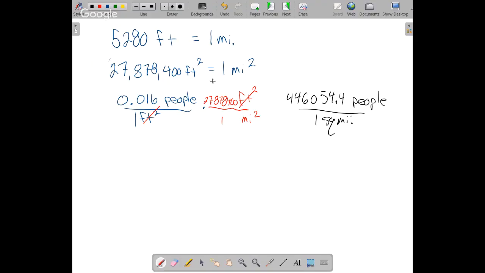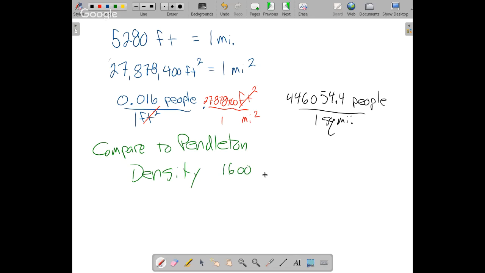There we go. So just for a comparison, let's pick a color. Compare this to the city I live in, Pendleton, Oregon. Pendleton has a density, according to Wikipedia, of approximately 1,600 people per square mile.